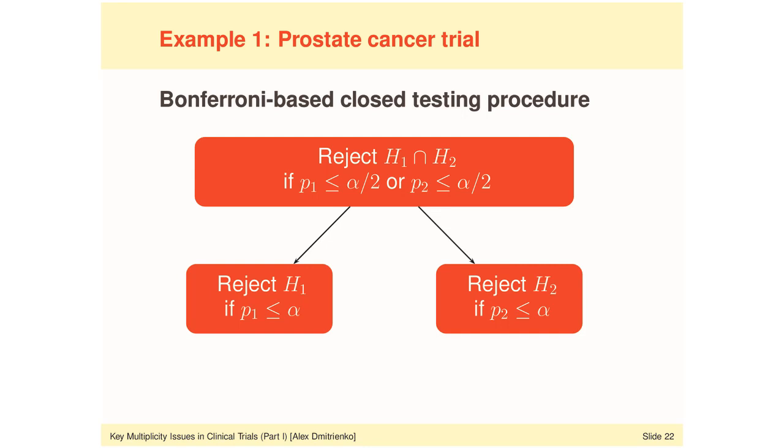The reason we divide alpha by 2 is because there are 2 hypotheses within this box. So you can see here that we have defined the local tests for all intersections within the closed family, for all boxes in this diagram. And we can now apply the 4-step algorithm to construct the resulting Bonferroni-based closed testing procedure.